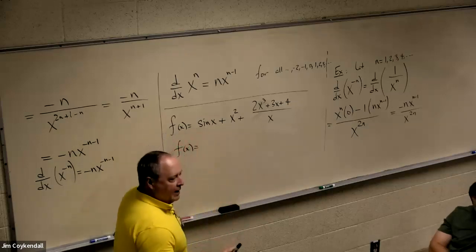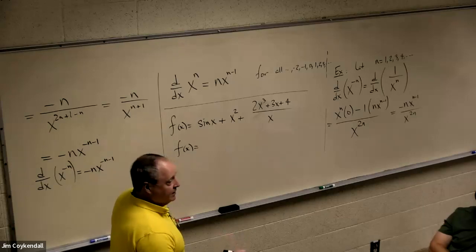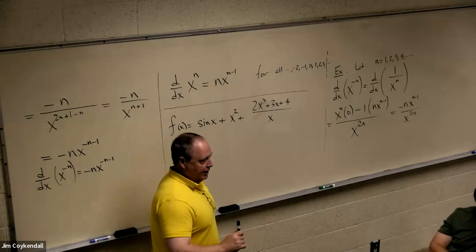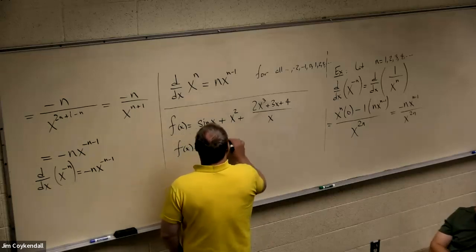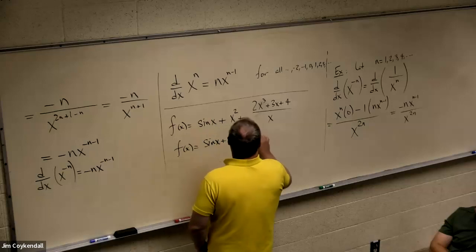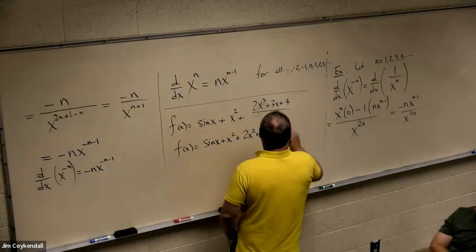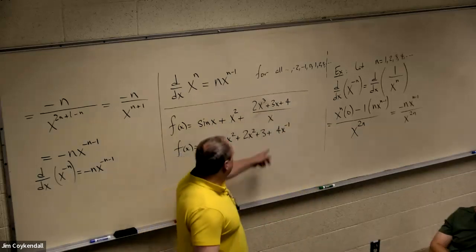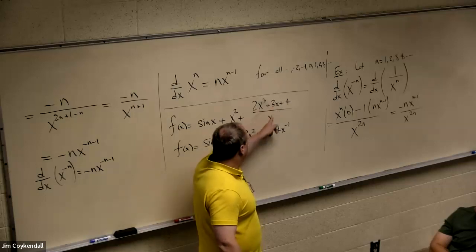The only difference between calculus and algebra is this notion of a limit. That's it. Everything is algebra. Algebra used to be your enemy, now it's your friend. Use it to make your life easier. This is 2x cubed over x. This is 3x.